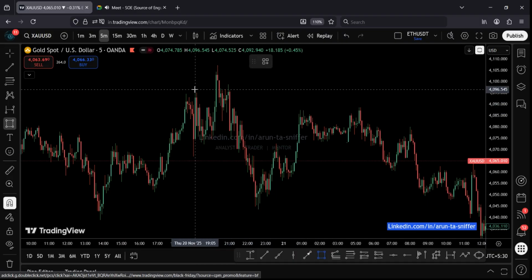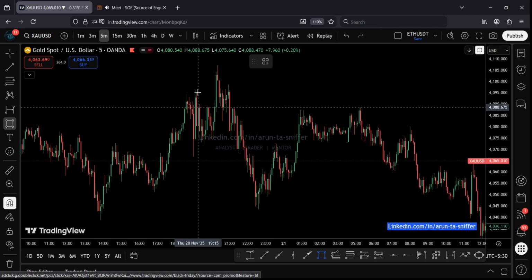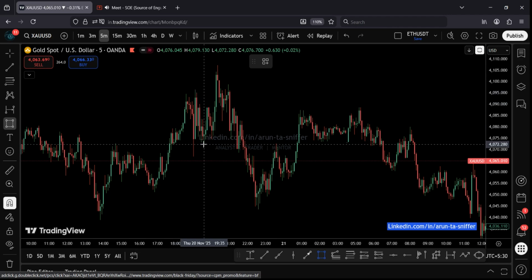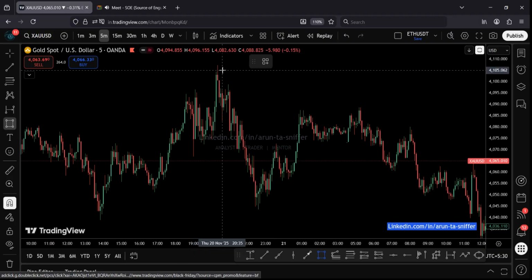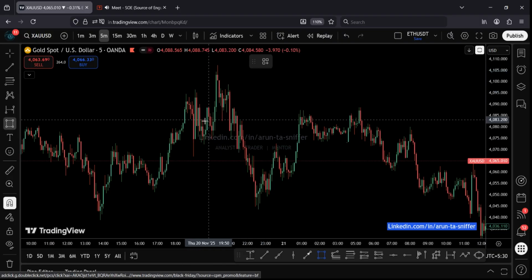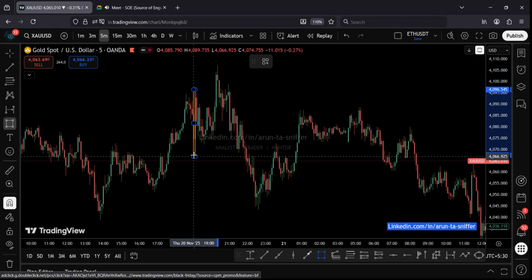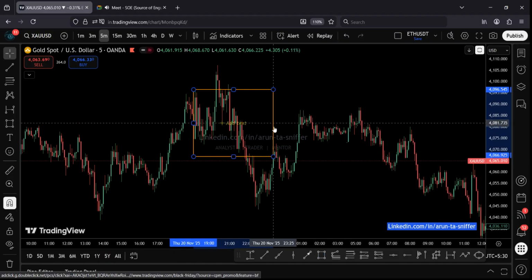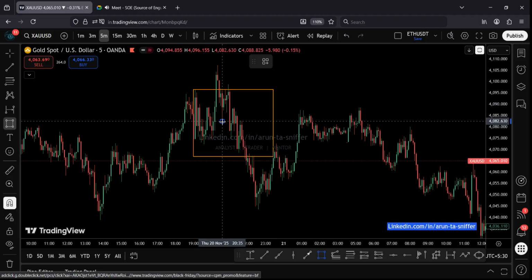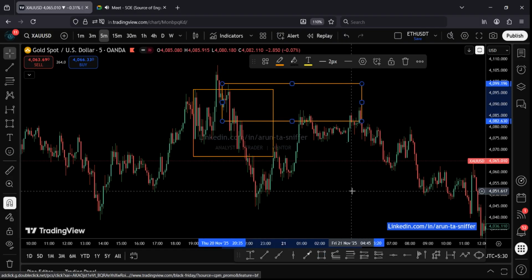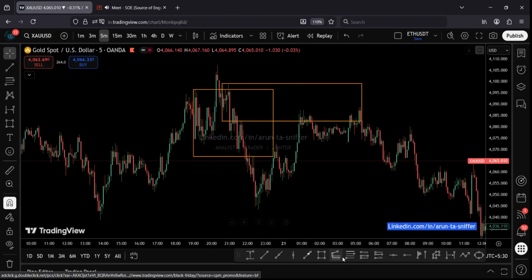We have a high here, high, low, higher high, and lower low. Okay, so what happened here? Here we have LSK, and here we have our RSK.